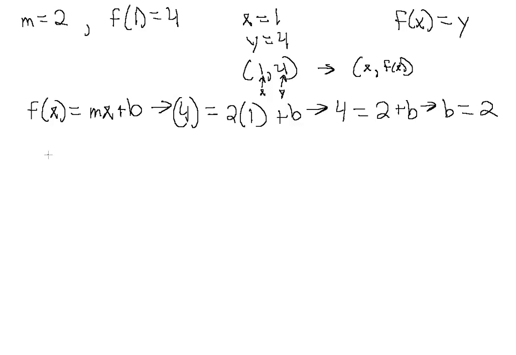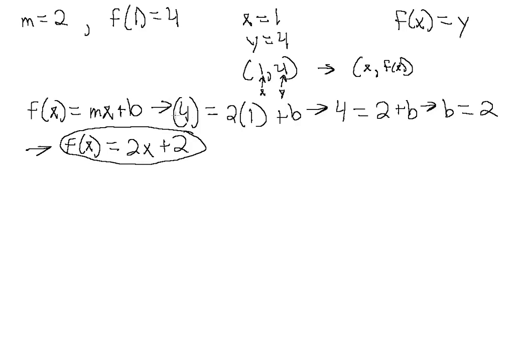And now we can write the general form of our equation. Only this time we're going to write it in functional notation. So we're going to say f of x equals 2x plus b, and b equals 2. So f of x equals 2x plus 2 is our slope-intercept form of our equation written in functional notation.